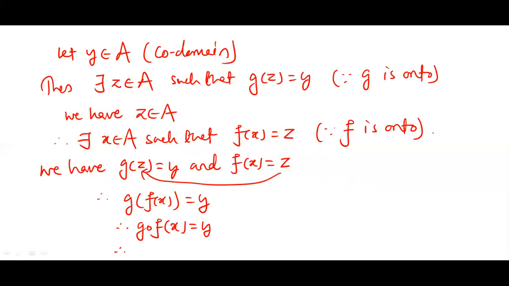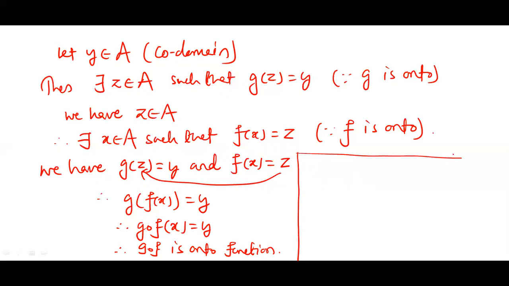Therefore, g naught f is an onto function. And hence, g naught f is a permutation.